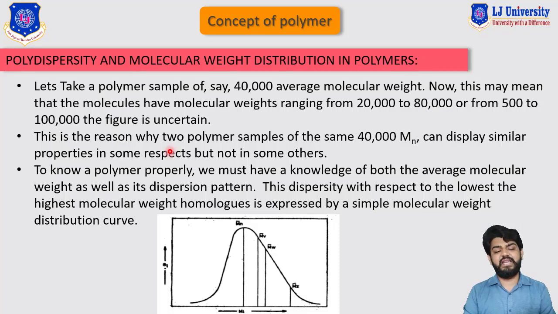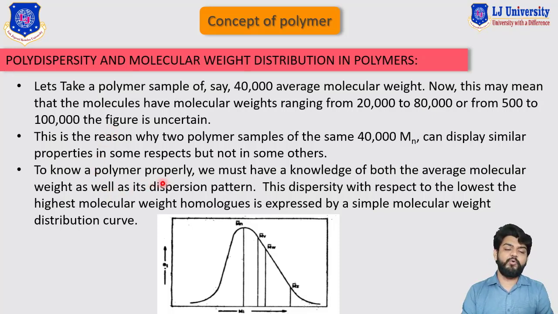So this is the reason why two polymers of the same molecular weight of 14,000 gram per mole, that is your Mn, can display similar properties in some respects, but they display different properties in other respects, right? So based on the condition and the individual molecular weights of the monomers, their properties will always change.